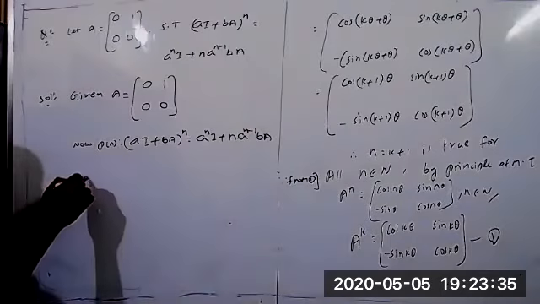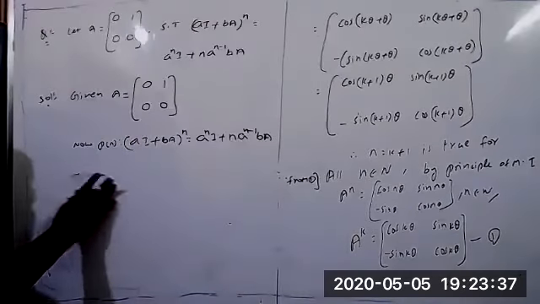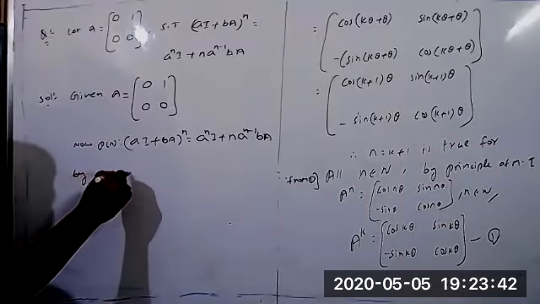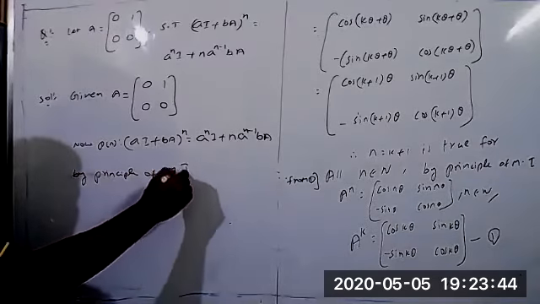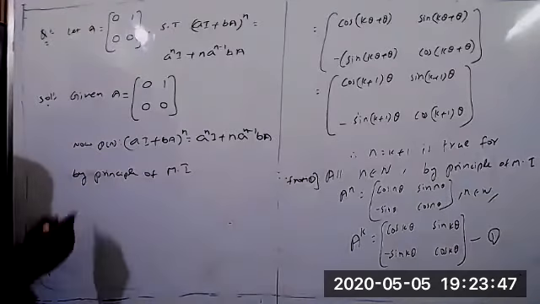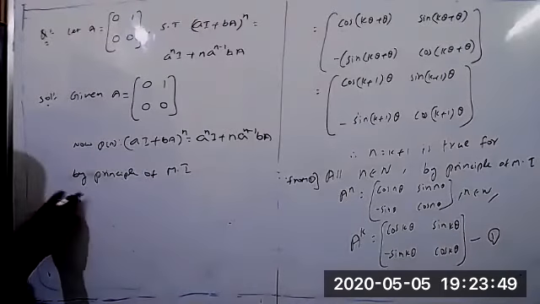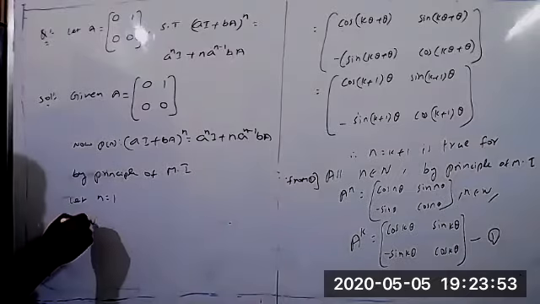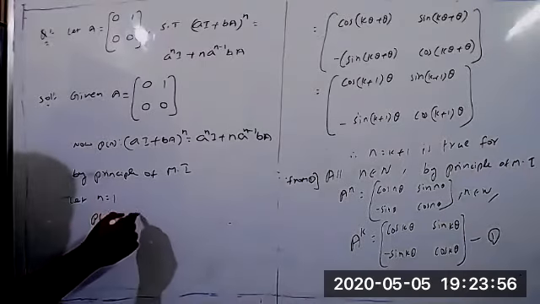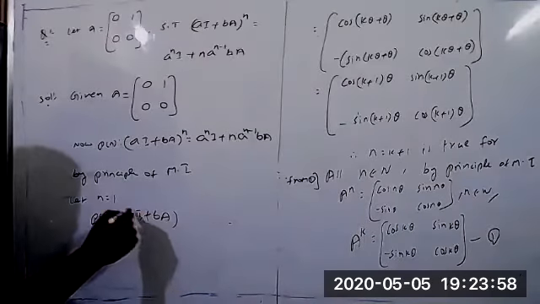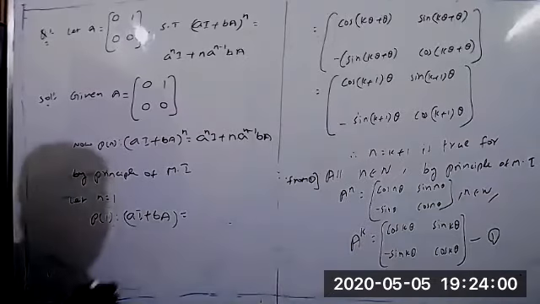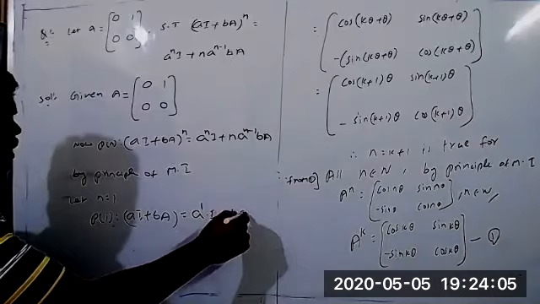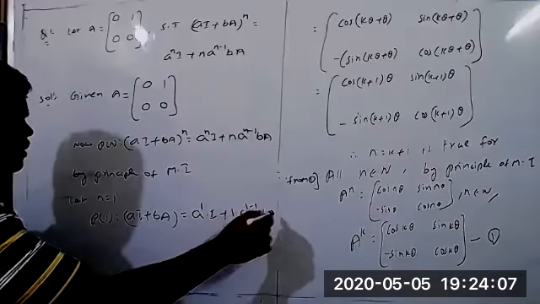Now let's write the condition. By the principle of mathematical induction, let n equal to 1. So take P of 1: (aI + bA) whole power 1 equals a power 1 into I plus 1 into a power 1 minus 1 into bA.